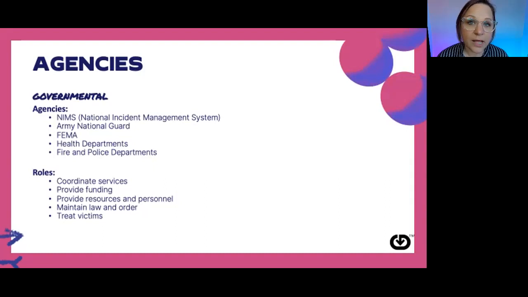The local and state health departments are going to be involved, as will the local fire and police and paramedic departments. And of course, keep in mind that hospitals, both governmental and private, will be involved as well. So the roles of the governmental agencies in a disaster include coordinating services, providing funding, providing resources and personnel, maintaining law and order, and treating victims.